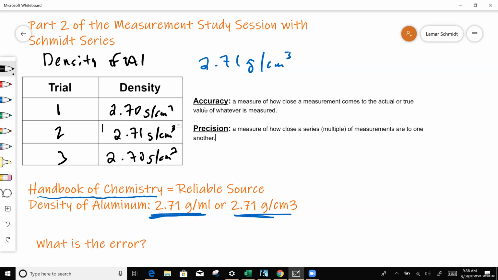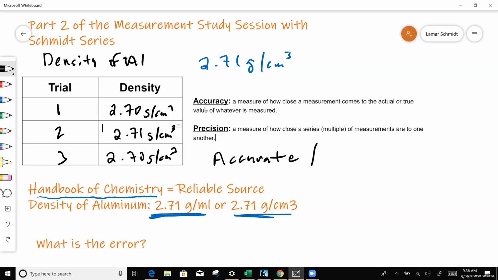What can I say about my results? So let's look at accuracy, which is a measurement of how close the measurement comes to the true value. If we look at our results, are they close to the true value of 2.71? Yes. So what does that tell you about the accuracy? That it's accurate.